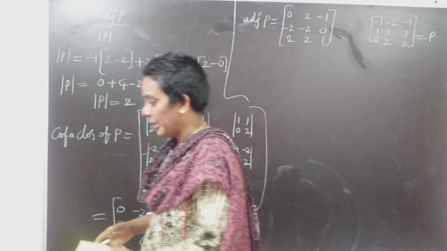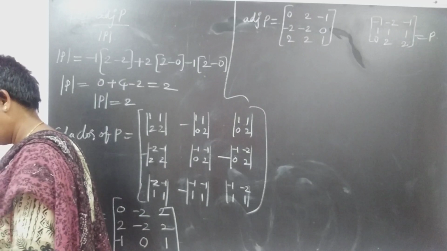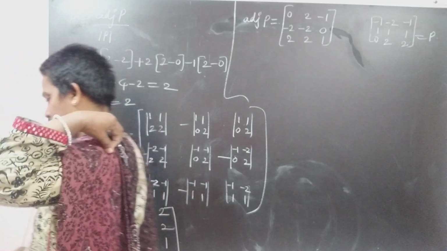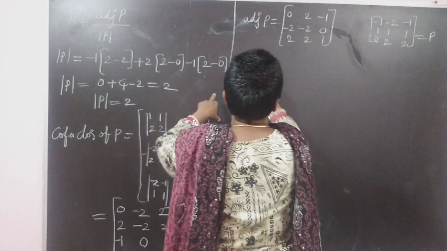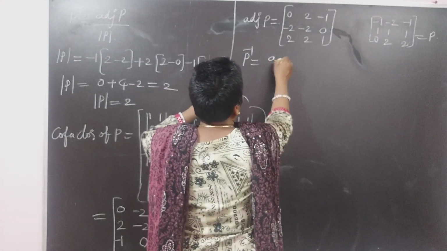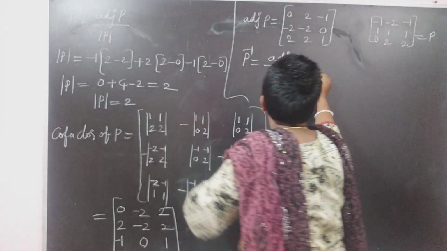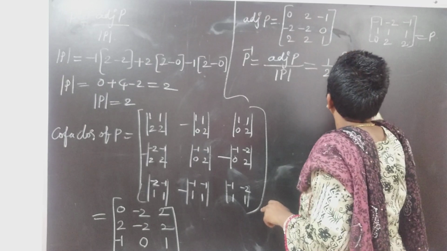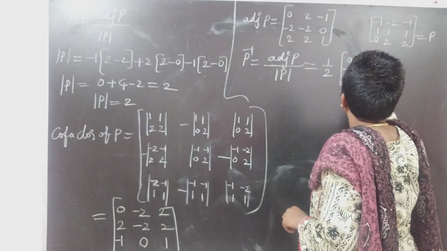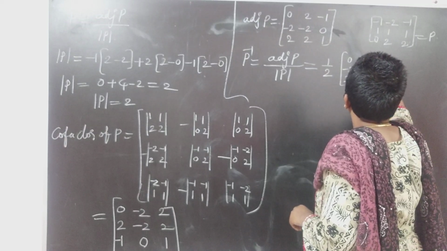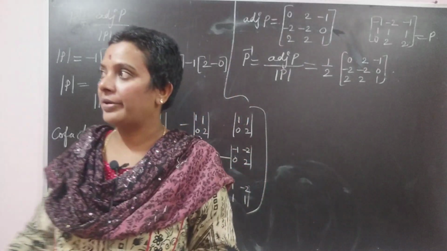That is the adjoint of P. Next, P inverse equal to adjoint of P by determinant of P, that is equal to 1 by 2 into the matrix 0, minus 2, 2, 2, minus 2, 2, minus 1, 0, 1. It is equal to P inverse matrix.